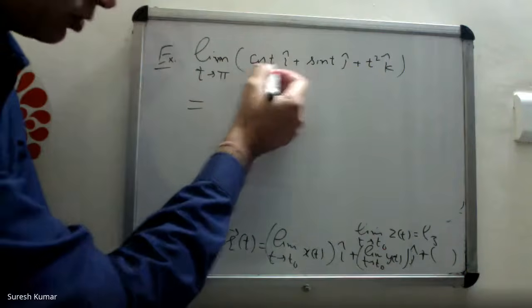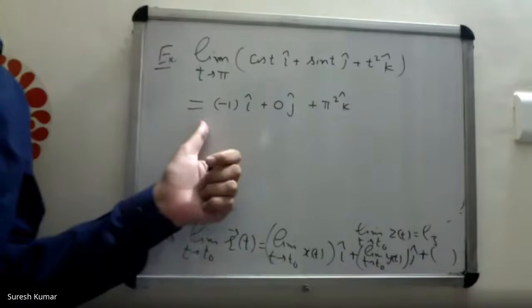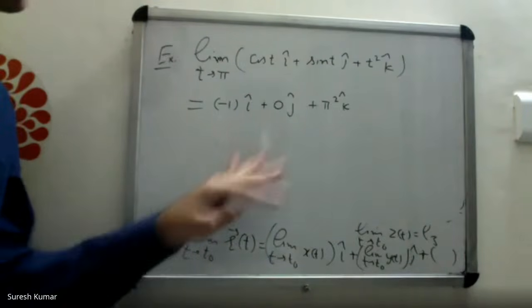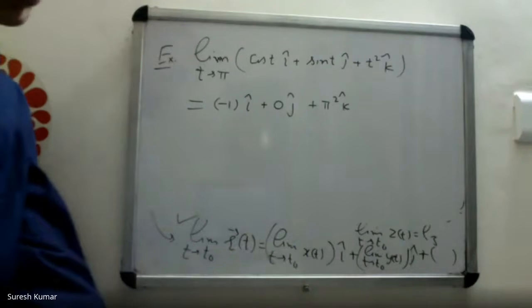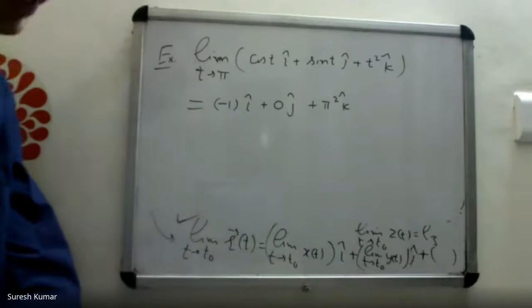You will apply the limit to all the components, right? So what is limit t tends to pi cos t? Minus 1. Minus i cap plus pi square k cap, so zero j cap. So you see, doing the problems is very easy, but I wanted to explain you all the concepts in case you are interested. So this is the final working formula for limit of a vector function.